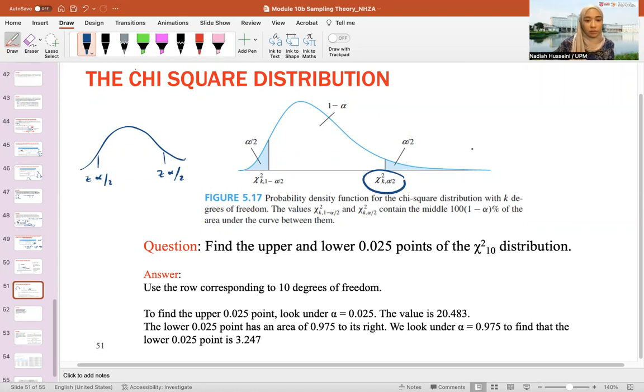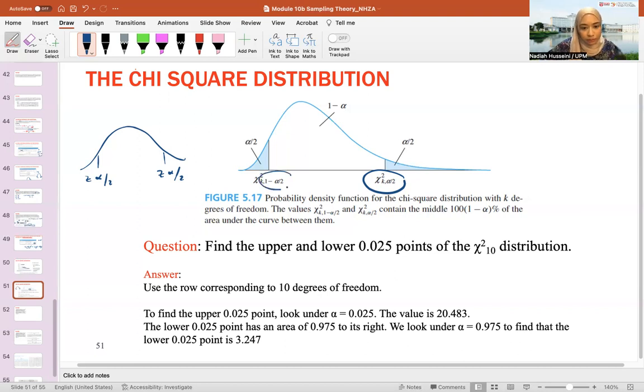Okay, so let's talk about that. Probability density function for the chi-square distribution with k degrees of freedom. They did not specify, so k is your unknown. The values chi-square with k degrees of freedom, 1 minus alpha over 2, and chi-square with k degrees of freedom, alpha over 2.